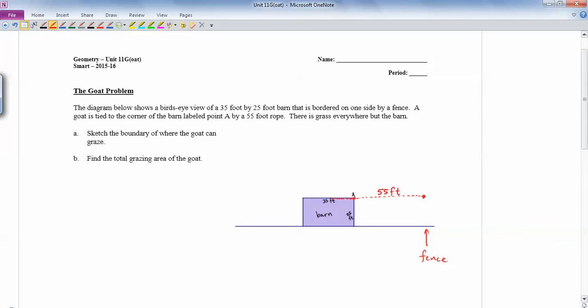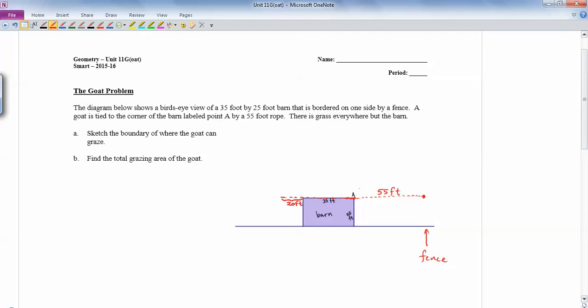And then he could also go 55 feet this way, right? And if he goes 55 feet that way, there's an extra 20 feet left over right here because there's 35 there. So this whole thing here is the 35 plus an extra 20 feet.